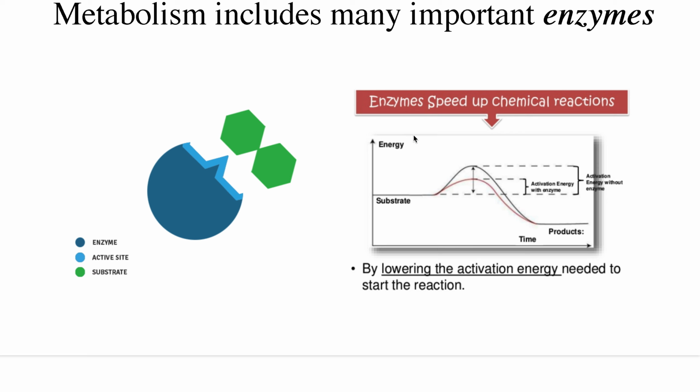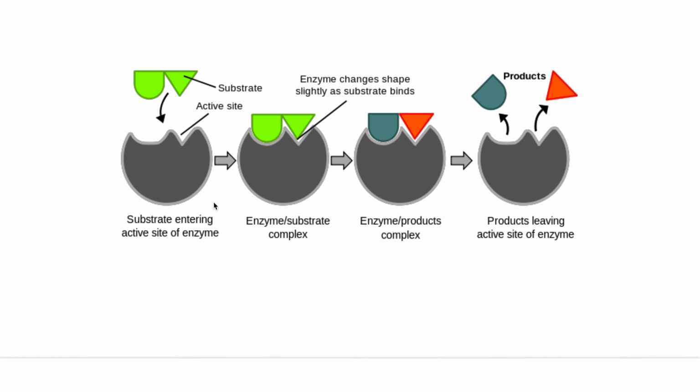So enzymes speed up chemical reactions, which is why we call them a catalyst. As soon as this enzyme binds its substrate and releases its product, notice that the enzyme has not changed at all.